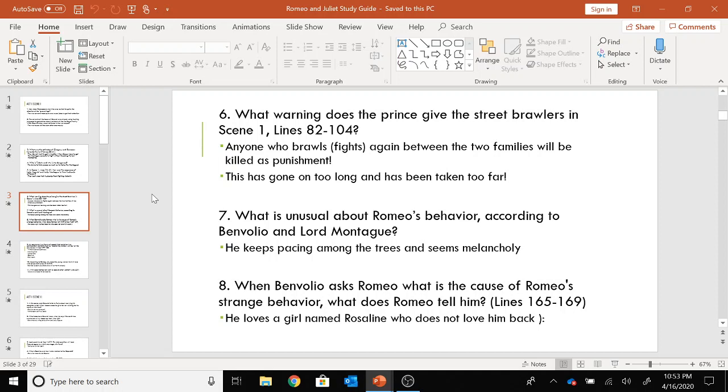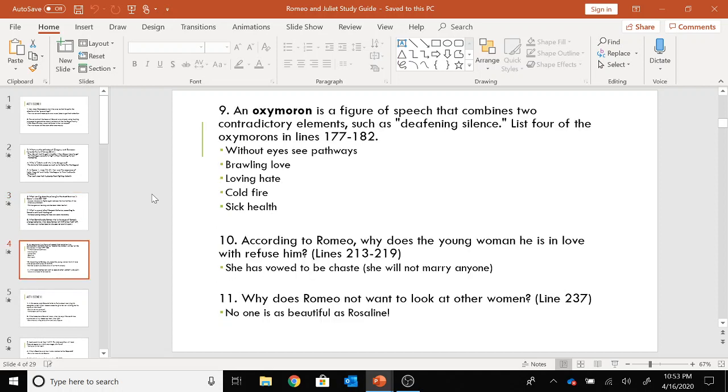We'll learn who Rosaline is in the next scene, but it's important that we know that he is in love with her. She does not love him back, or so he claims. In the next couple of questions, it's going to ask us how does he describe Rosaline, and we'll get into that more in the next question.